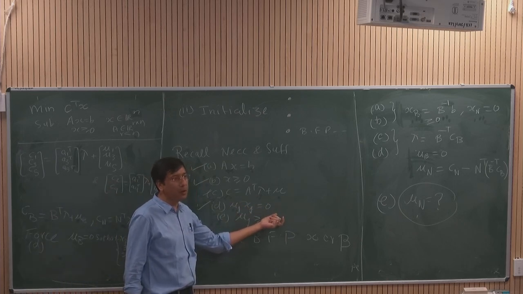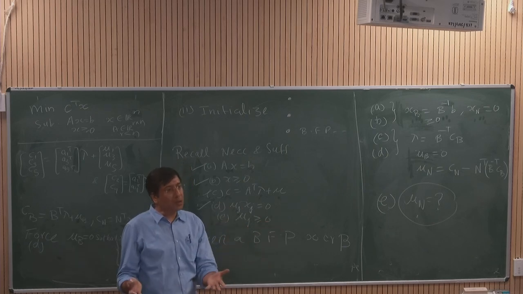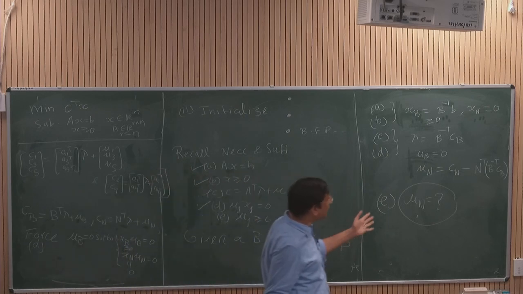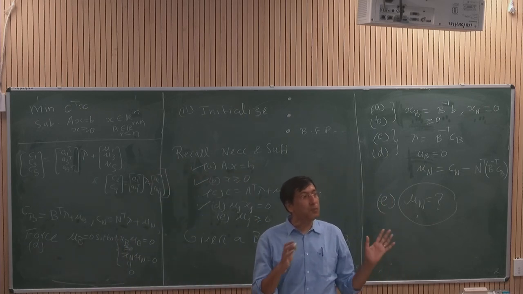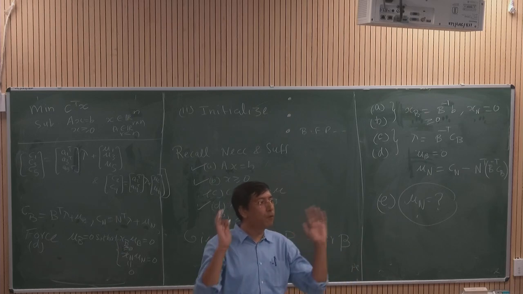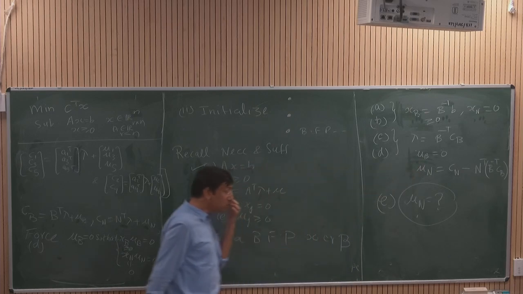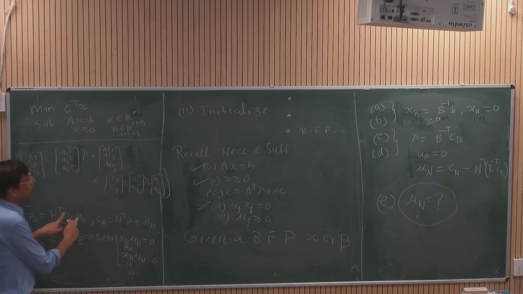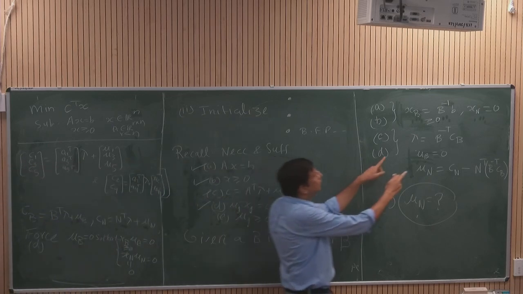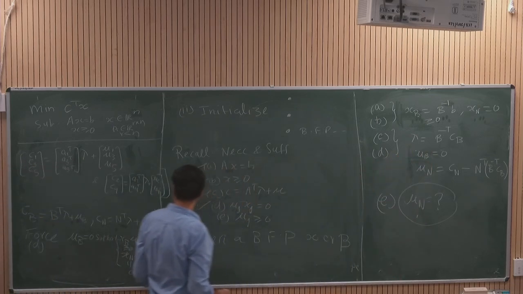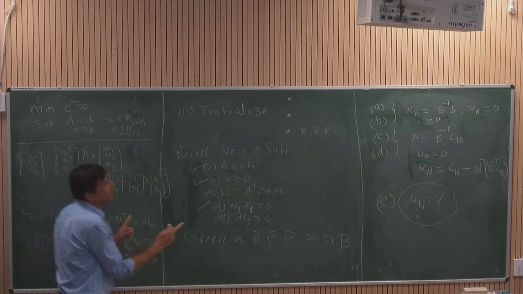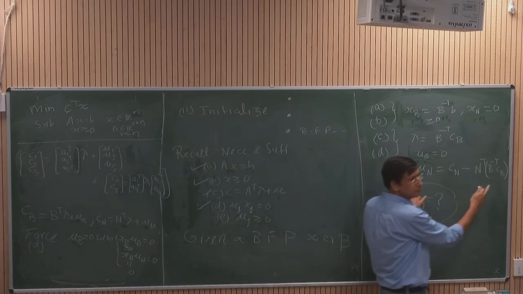They should be in product equal to 0. xN is equal to 0, so mu N can be anything. But xB is greater than or equal to 0, so we force mu B to be equal to 0. Once we force mu B equal to 0, we get lambda straight away. Once we get lambda, we put it into the CN equation and we get mu N straight away.